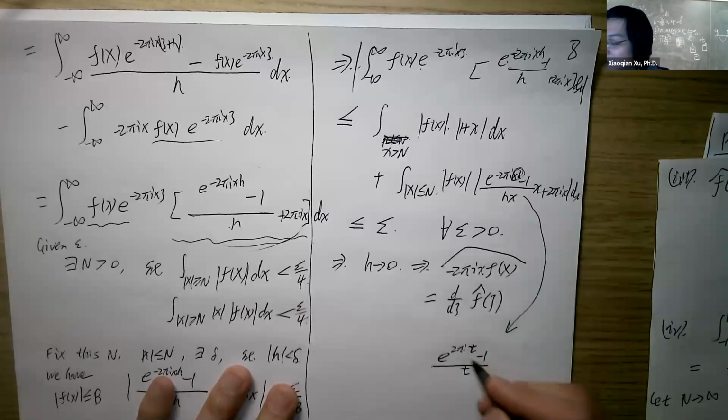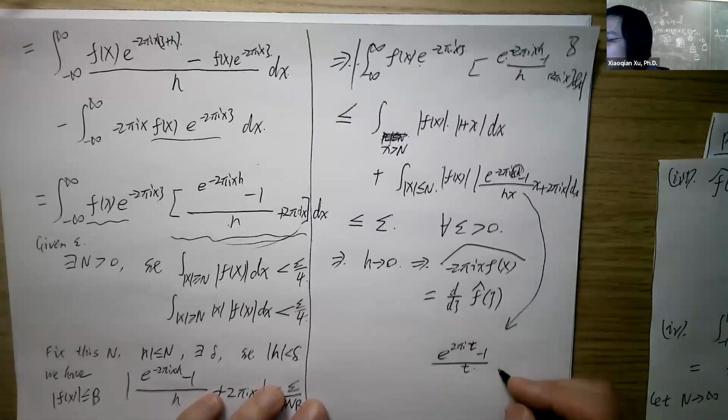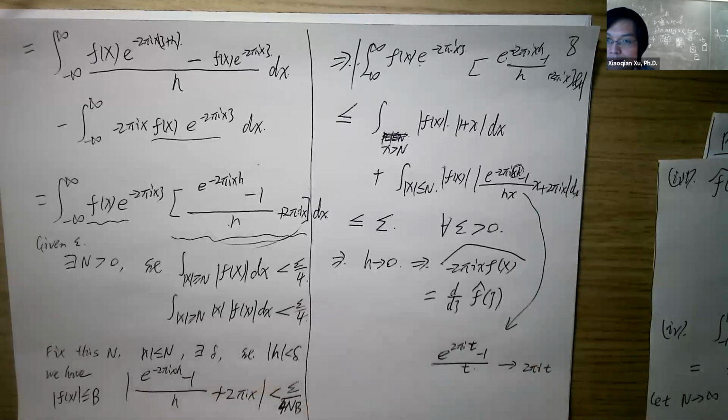Then you give me any t. If t is small enough, this will tend to 2πi.